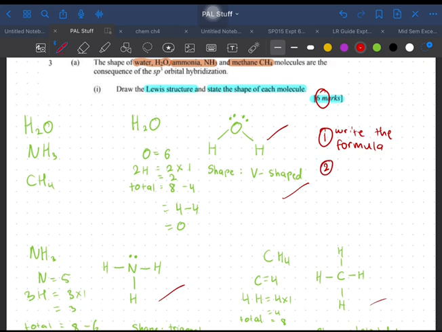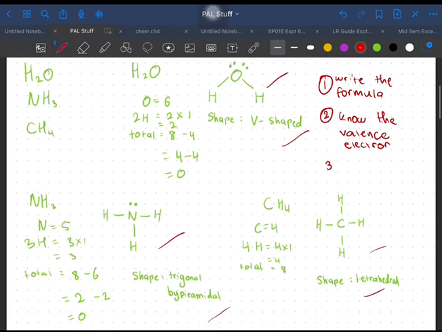Next, know the valence electron. 3, draw skeleton structure.